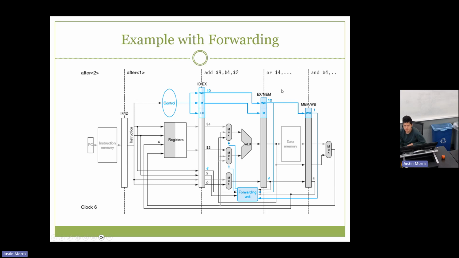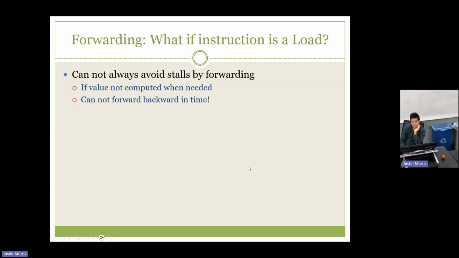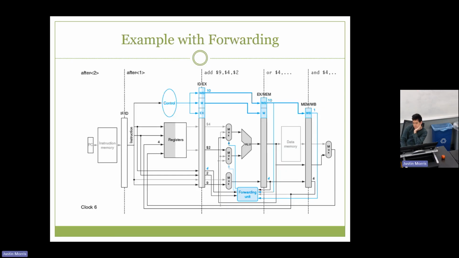So the newest one, because this one is technically the first one. So the newest one is the OR. And then we select that value from the mux, right? So this is forwarding. Do we all understand this data path?